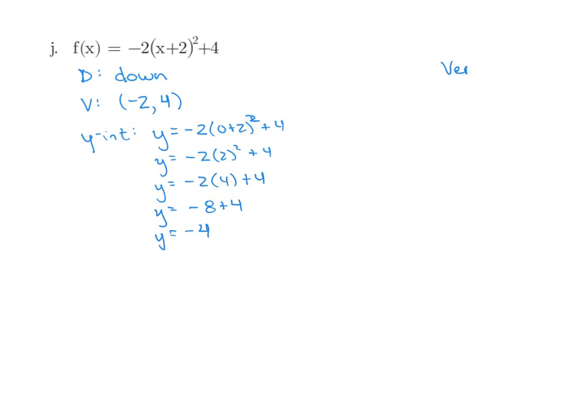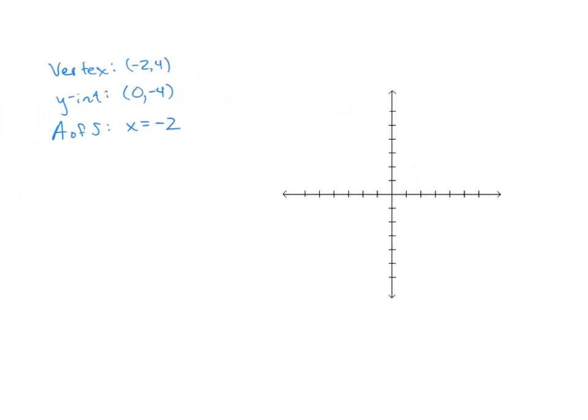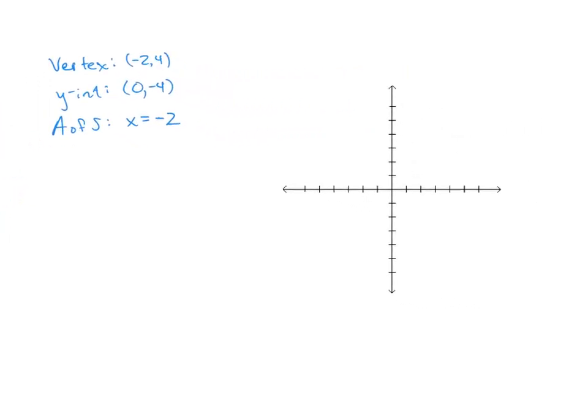So our key points that we have so far, we have our vertex is (negative 2, 4). Our y-intercept is (0, negative 4). Our axis of symmetry is x equals the x-coordinate of our vertex. Alright, so let's go ahead and graph what we have so far. Our vertex, (negative 2, 4), is going to be 2 to the left and 4 up.